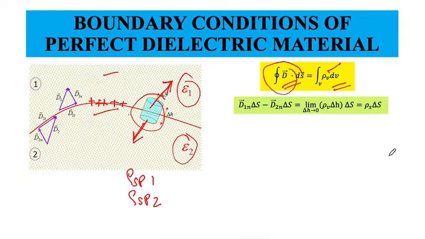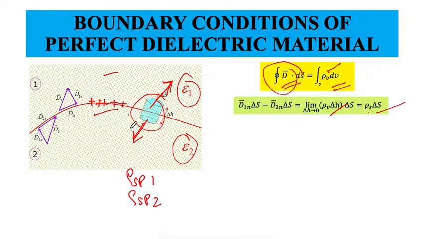Only when such a charge distribution is deliberately placed, which unbalances the charge balance equation, can the right hand side integral be written as rho s delta S. Of course, this would be a volume charge, but a volume charge can be converted into surface charge. Let us assume that this is a volume charge distribution rho v, multiplied by surface area and the height of the cylinder.